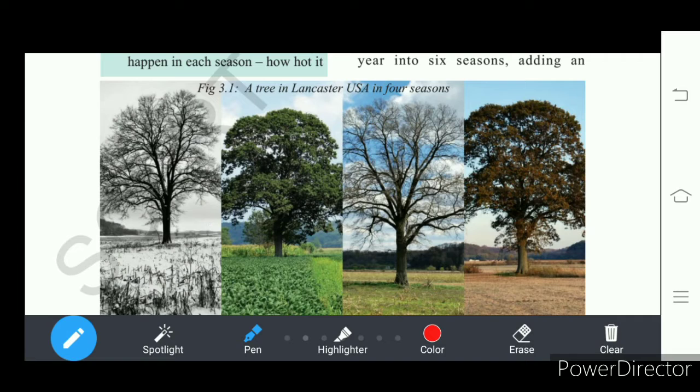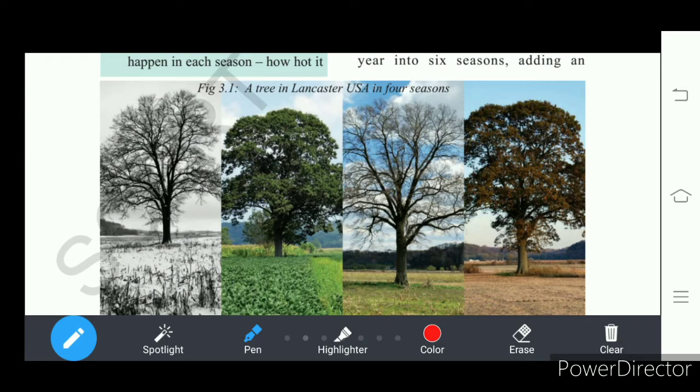And in the second figure, in this figure 3.1, we see that there are several places where it snows heavily in the first figure, right? The second figure in the subpart shows there are green leaves.